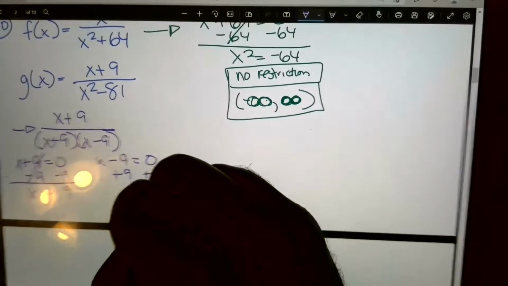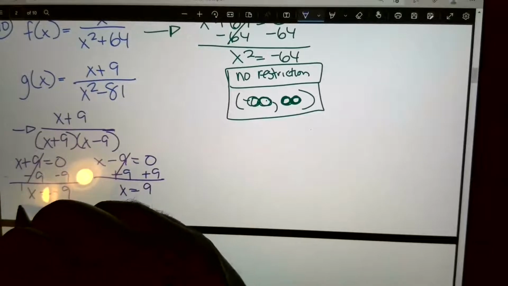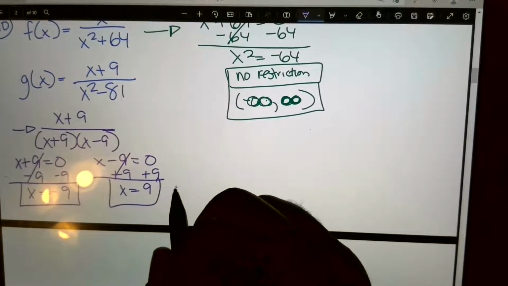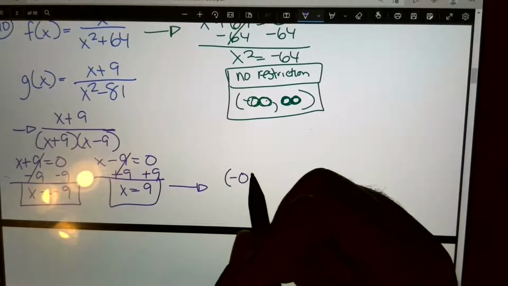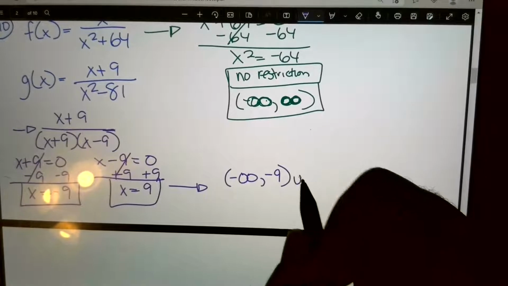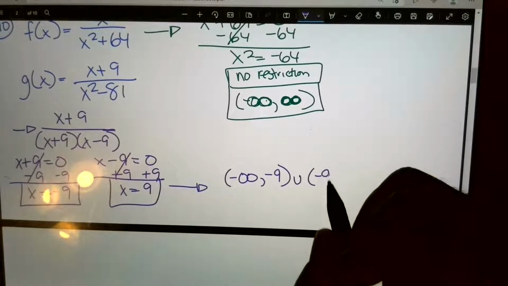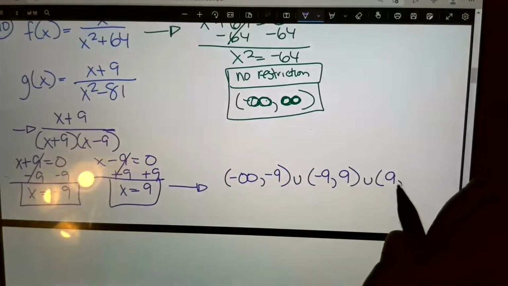Add 9 to this, and x is equal to positive 9. So these are my values. So we have negative infinity to negative 9, union negative 9 to positive 9, union 9 to infinity.